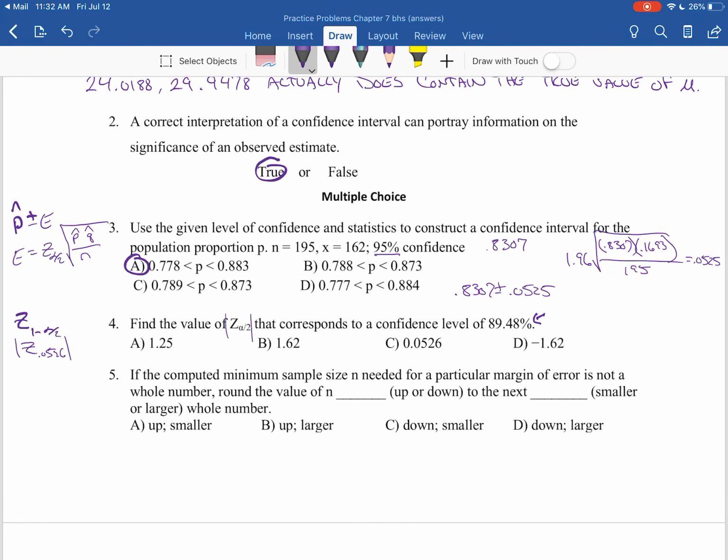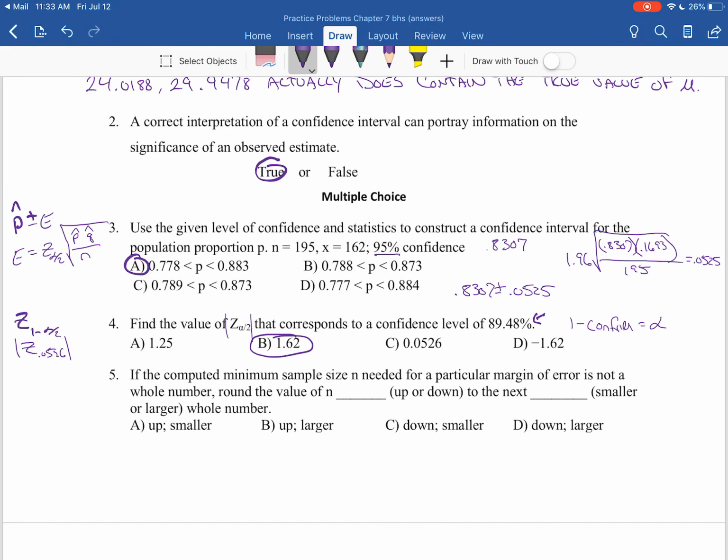The way you look at it, you can go to the book, and if you look up 0.0526, it'd be negative 1.26, but if you take the absolute value, then it's 1.26. That is the way I normally go about solving it. Find your alpha. Remember, 1 minus your confidence is going to be equal to your alpha level.